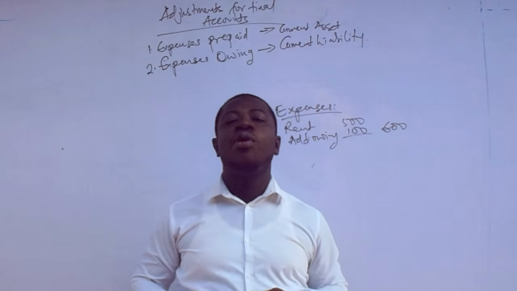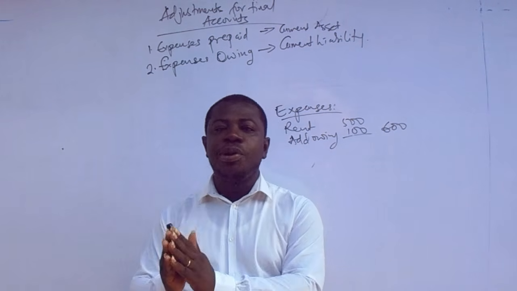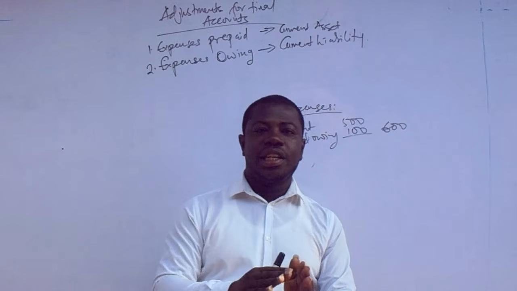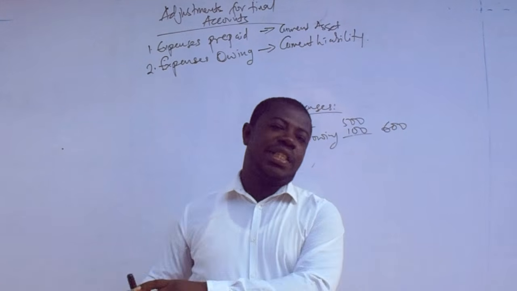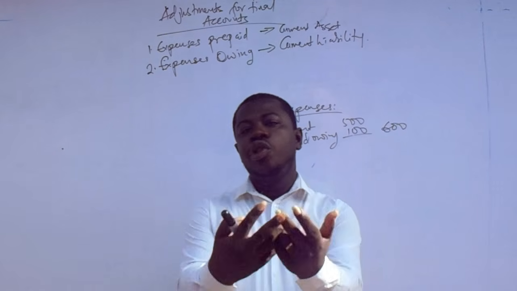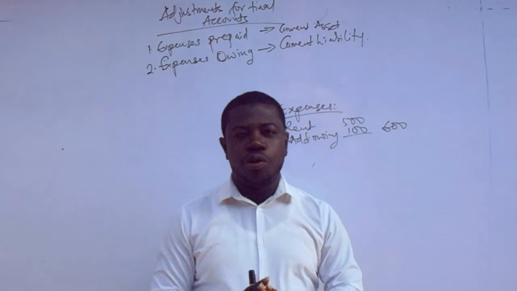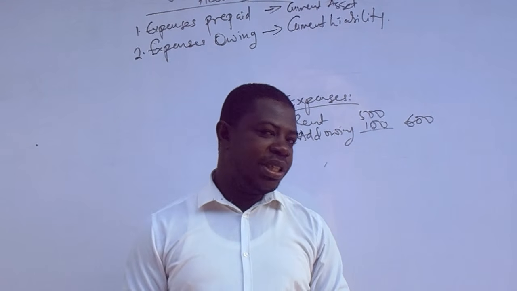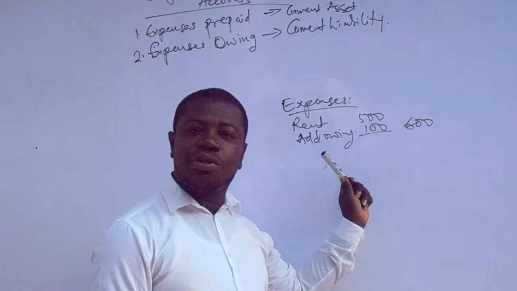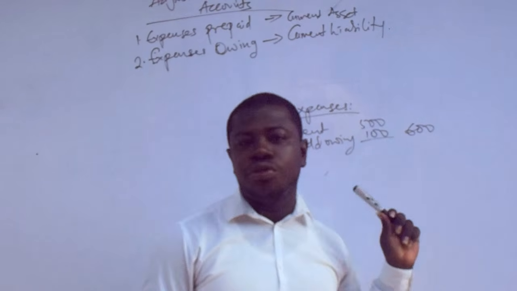And so that is basically what we are saying, that expenses prepaid are current assets and expenses owings are current liability. Because we have not paid, we have used the facility we are supposed to pay, so it becomes a liability. And that is basically what we are talking about. But when we get to the income statement, let us know how to treat each of them.